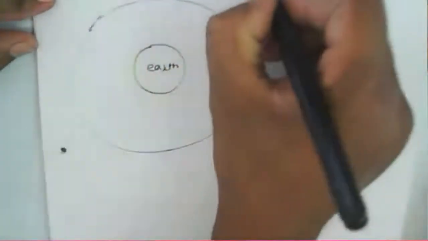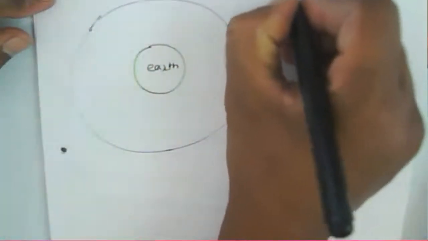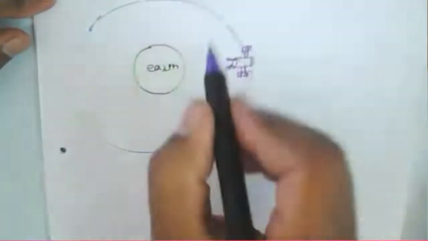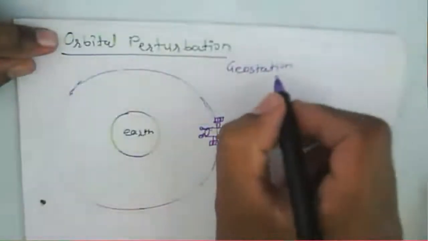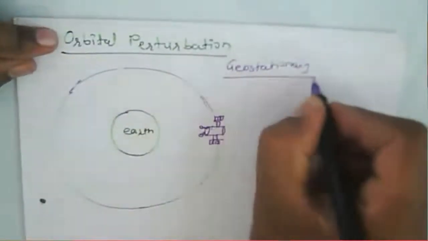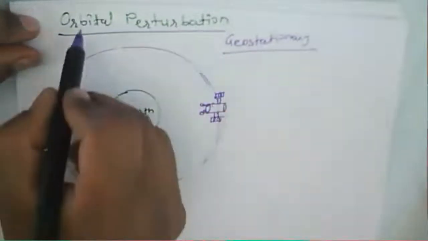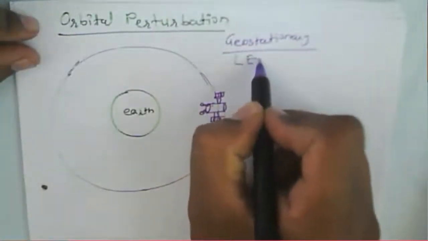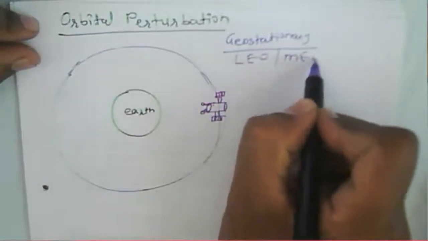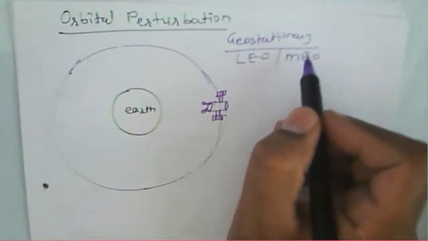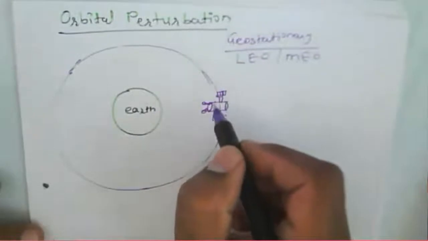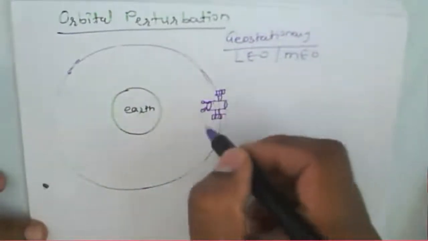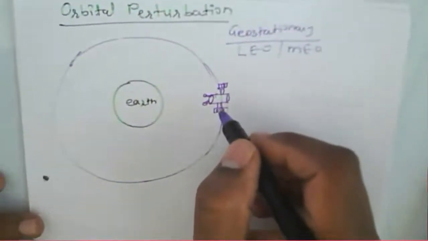Now while the satellite is rotating, we always consider a geostationary satellite. If we consider the geostationary satellite, then there will be a different orbital perturbation. If we consider a low Earth orbit or medium Earth orbit satellite, then different disturbances occur on this satellite.